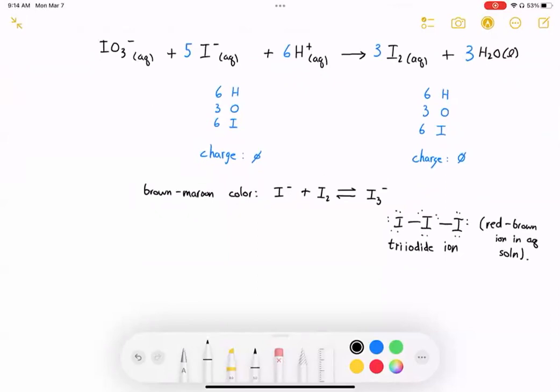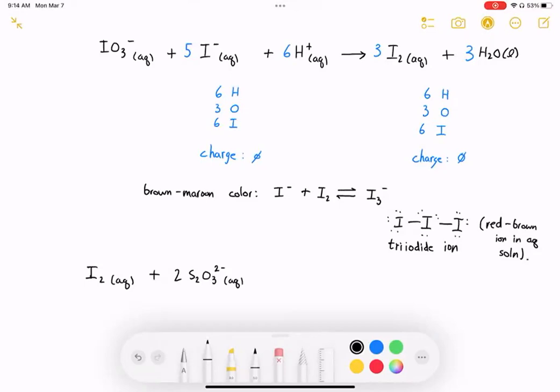It's I2. So we form the I2. You see in this equation, we form the I2 plus thiosulfate. Thiosulfate is used to titrate this molecule here. Very different from sulfate. Sulfate would not do this.